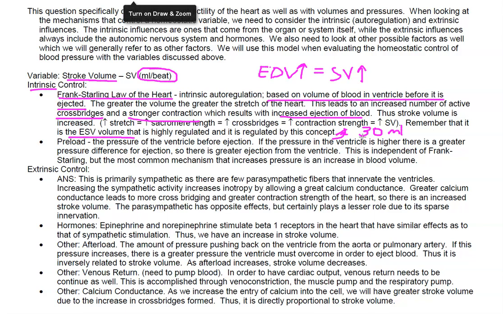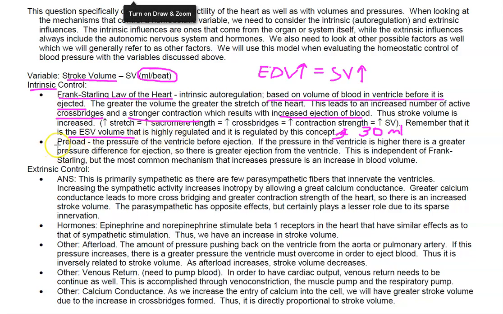Why? Because your end systolic volume is still going to be 30 mLs. Since you started with 150, you're going to pump out 120. If for some reason you only put 60 mLs into your ventricle, then you're only going to pump out 30. Your stroke volume is going to be 30 because we're always going to have 30 left. And it's because of the Frank-Starling law that really makes this end systolic volume highly regulated.